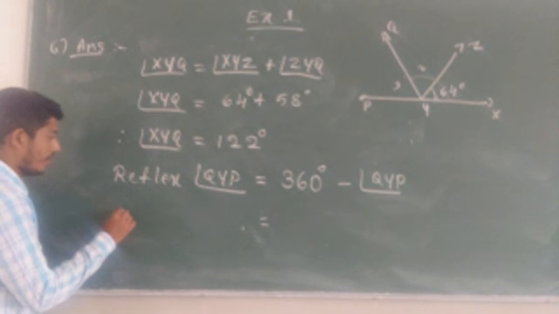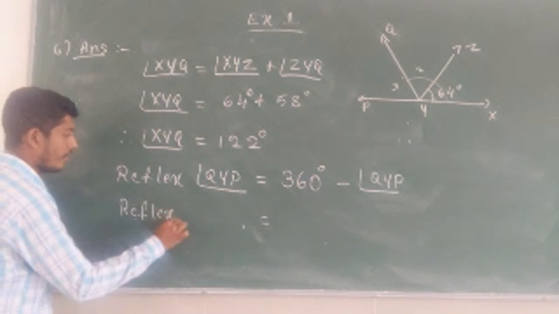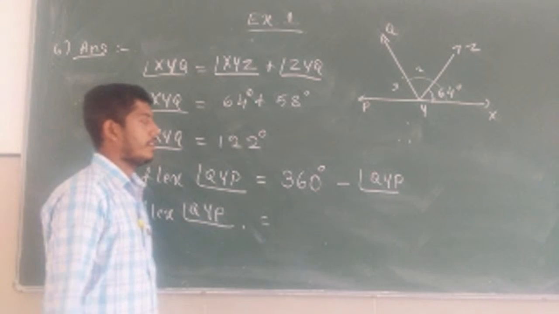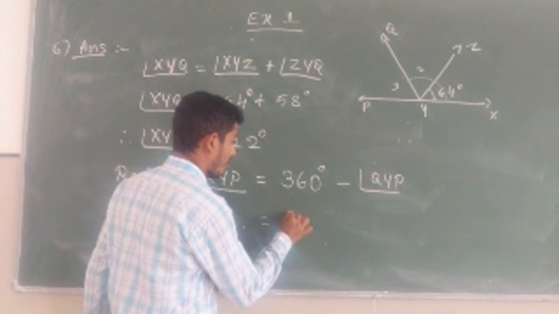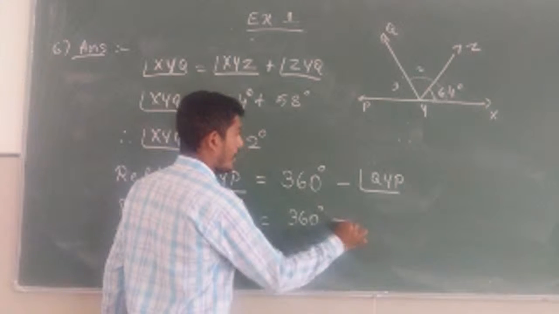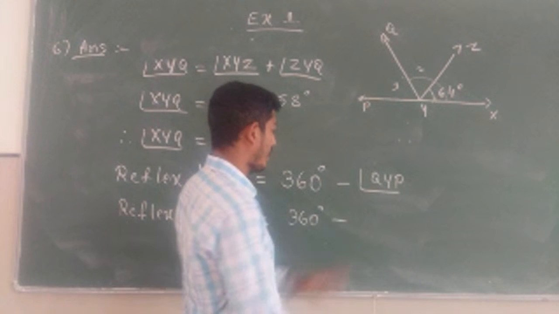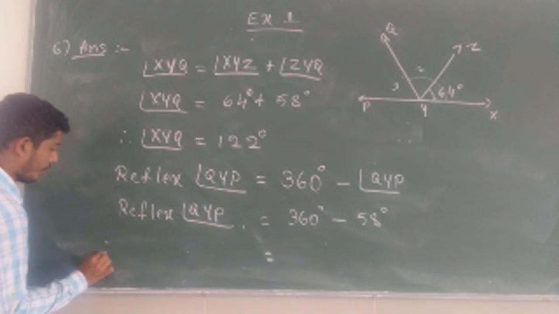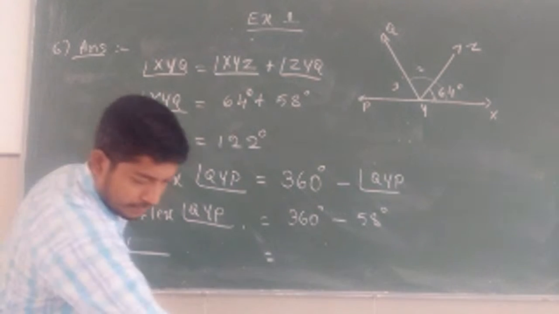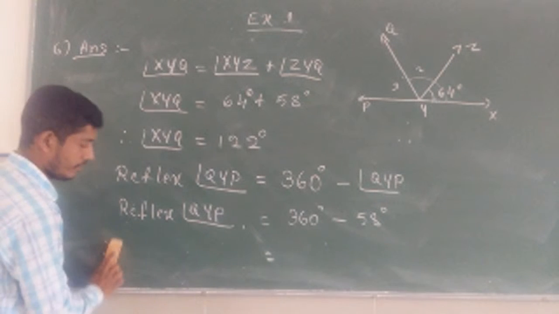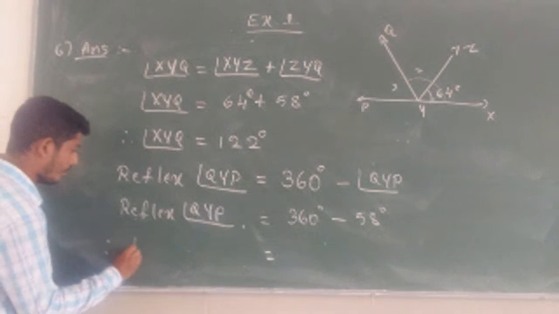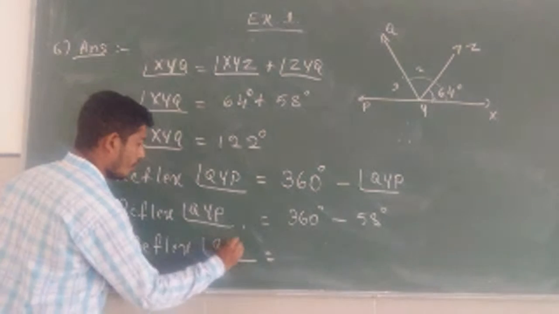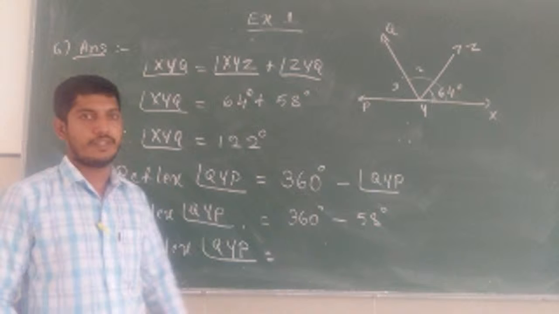First, reflex of angle QYP is equal to 360 degrees minus angle QYP, which is 58 degrees. Therefore, comment with the answer first. Reflex of angle QYP is equal to dash.